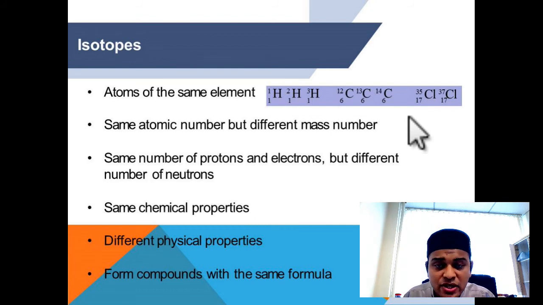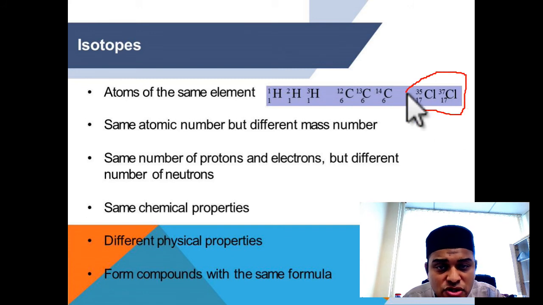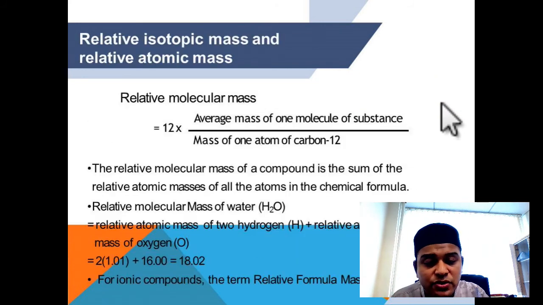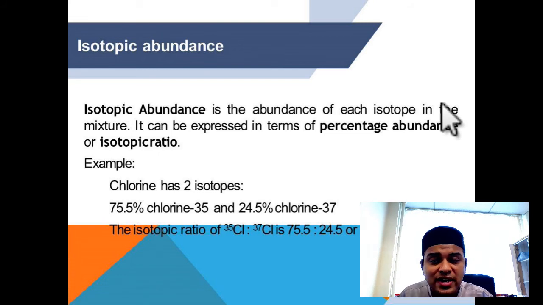This value is actually an average of those 2 molar masses. So that is the reason why we are going to learn isotopic abundance, in order to calculate the average mass of an element or an atom by looking at all the possible isotopes that can be found.